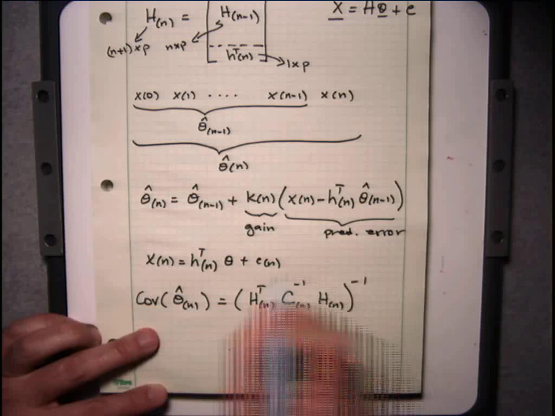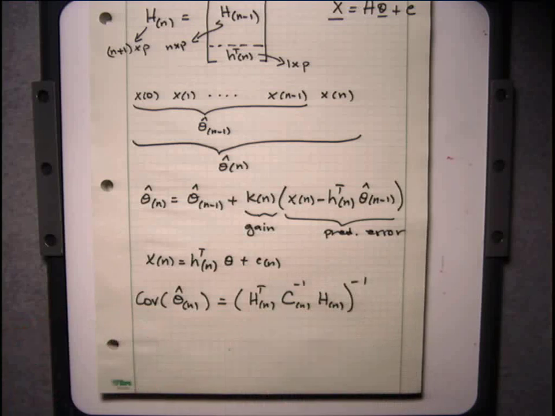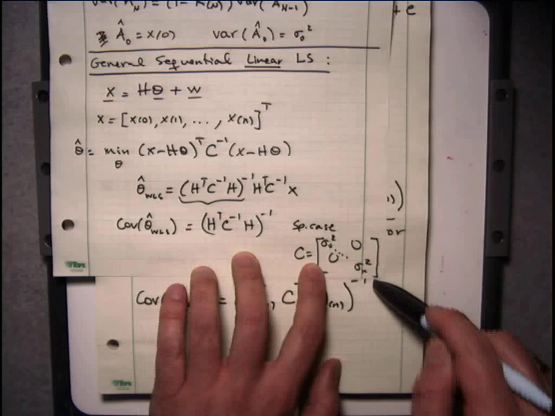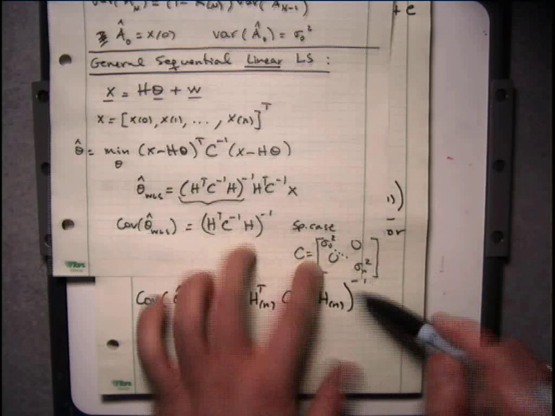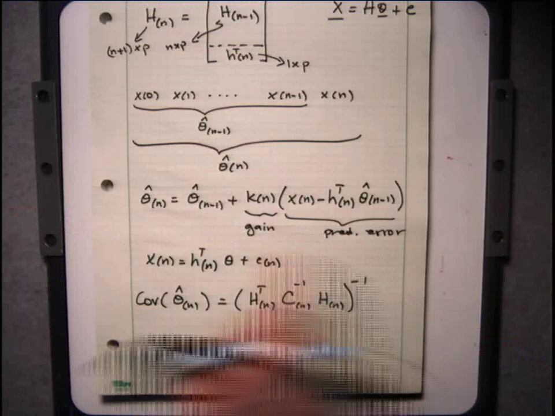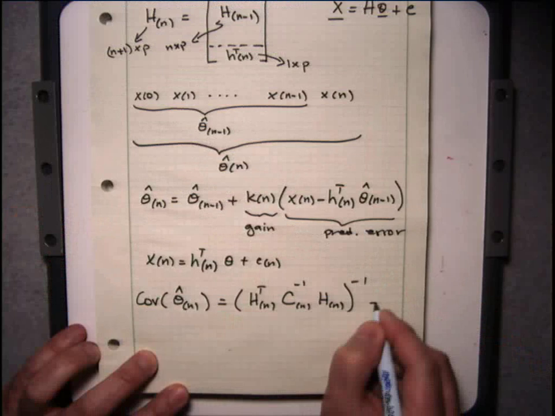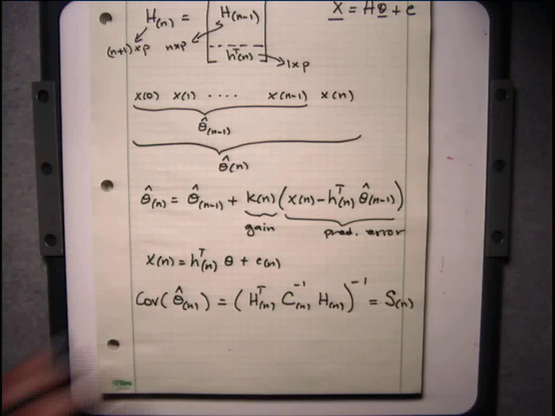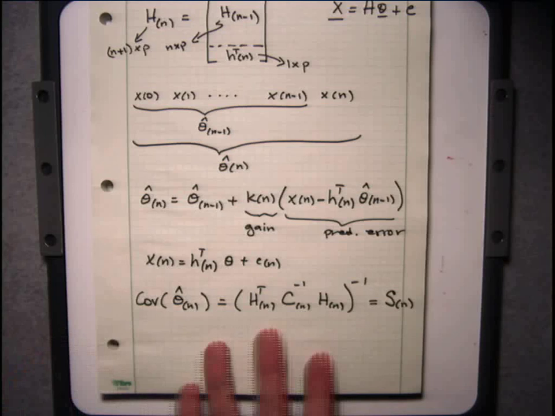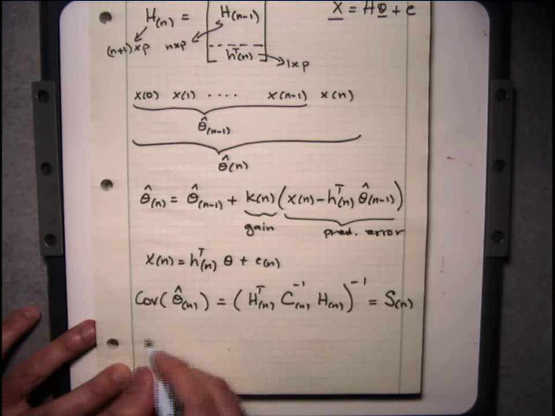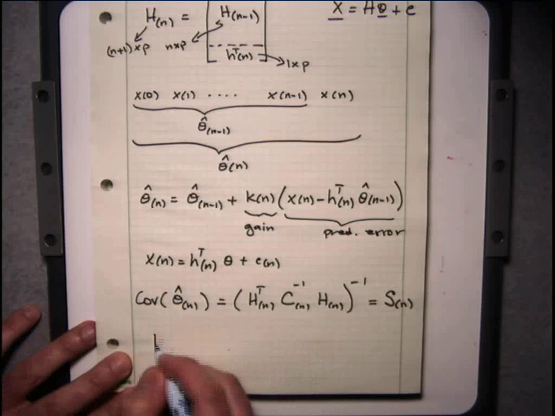The reason I'm giving this an index is that as you get more and more data points, you just add one additional diagonal element to this matrix and make it bigger. Nothing special there. So this is the covariance, and this is just shorthand. We're going to call this Sn. This is not terribly different than what you saw before. This covariance is well understood. Then it turns out the gain, in terms of this covariance, looks like this.